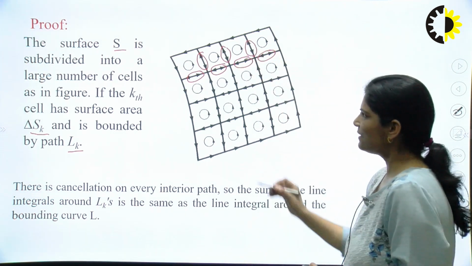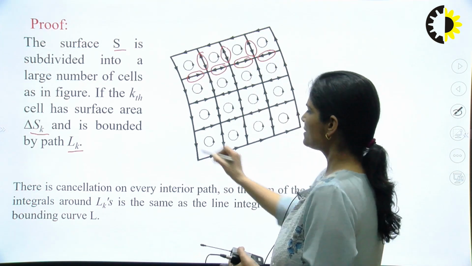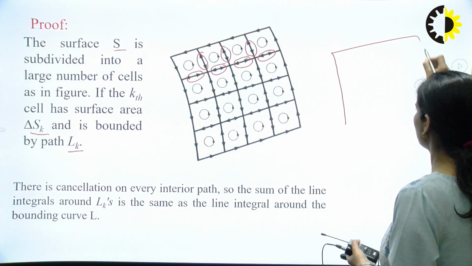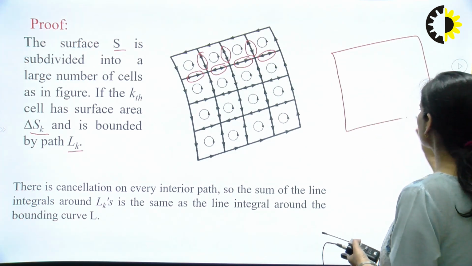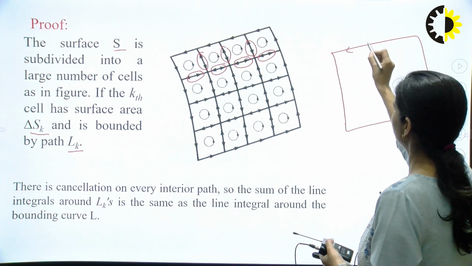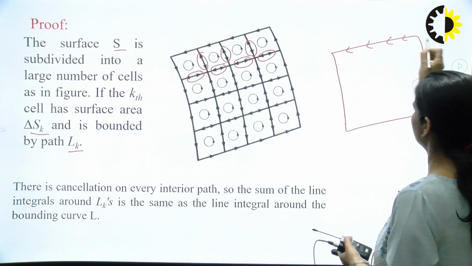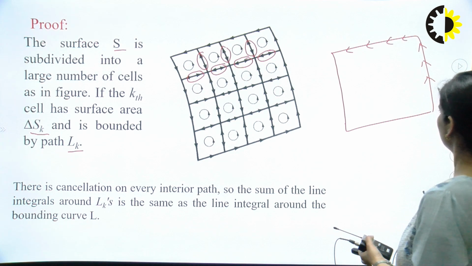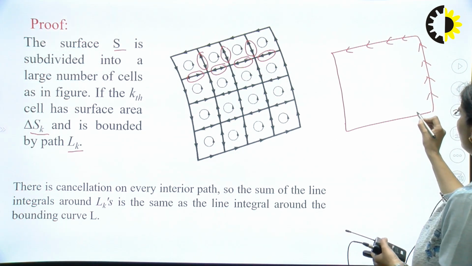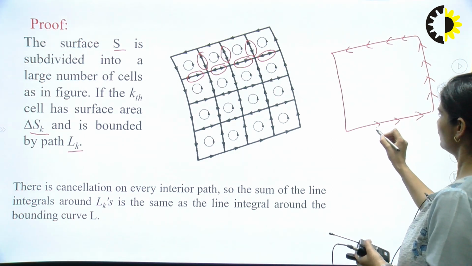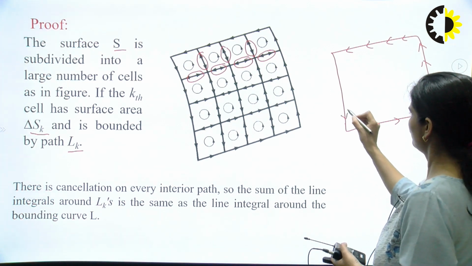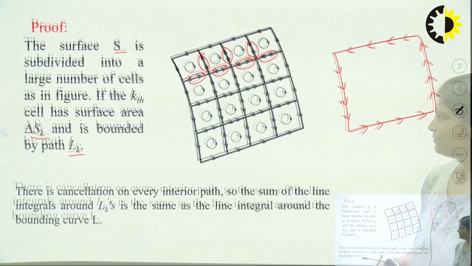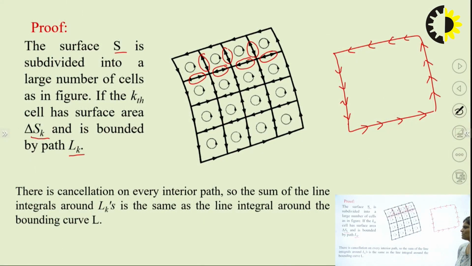Now what is left is only the outer side. So this is the closed line path.